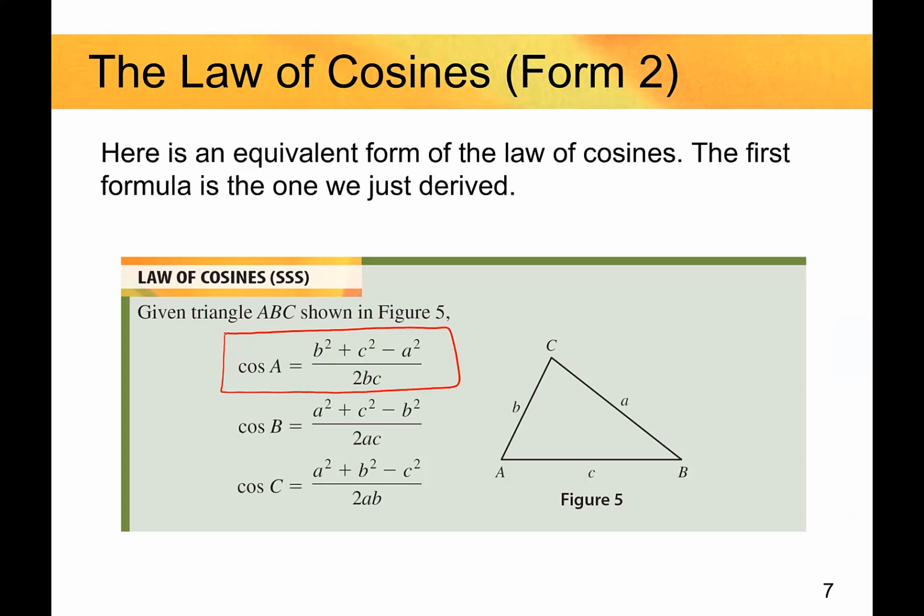Okay, and again, this is when we know all 3 sides. Notice all 3 sides go into a formula, and out comes a cosine of an angle. And that's what we solve for. We solve for angle A or angle B or angle C, whichever one we need. Now, real quick here, when you choose, and especially in this case, when you choose the largest side to solve for, you want to choose the one that's going to give you the biggest angle.